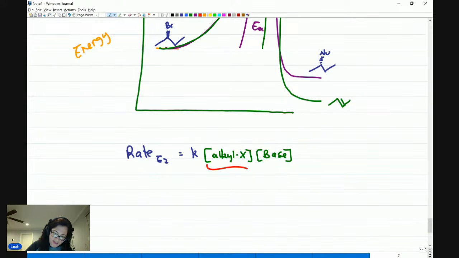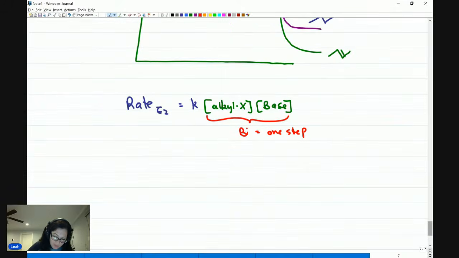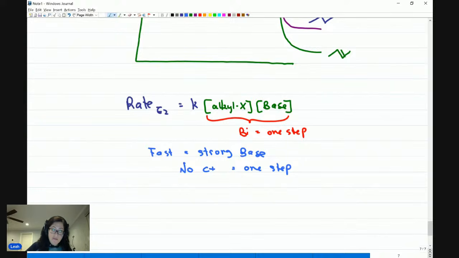Once again, having 2 things reacting at the same time is how we get the bimolecular, 1 step, 2 molecules at the same time. That means we have to look out for the fact that this is a fast reaction because we have a strong base reacting. There is absolutely no carbocation in an E2 because it is 1 step. 1 step does not allow time for a carbocation.